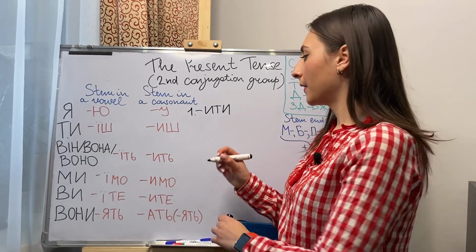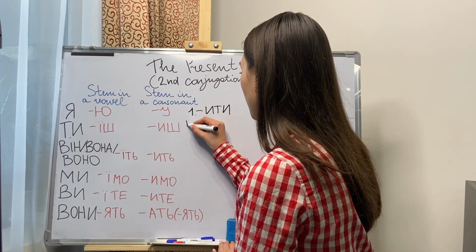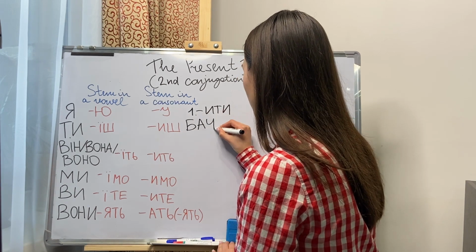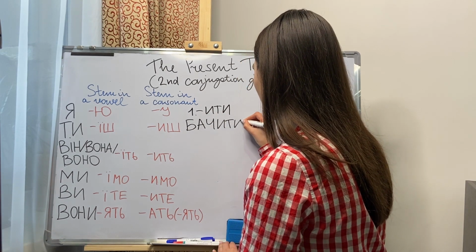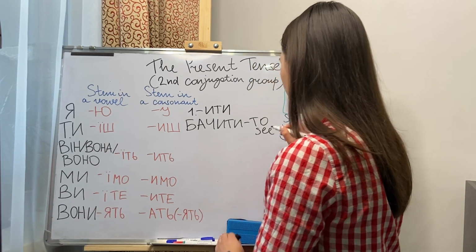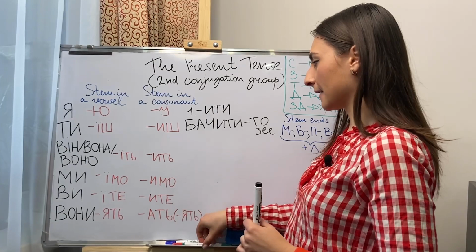For example, the verb бачити, it means to see. So let's analyze it.